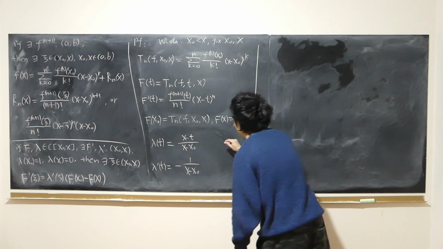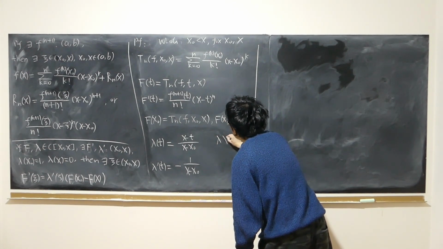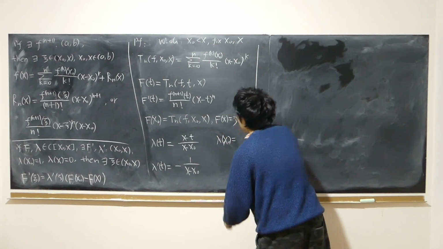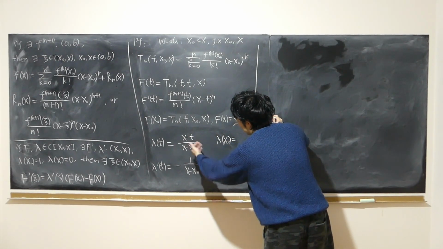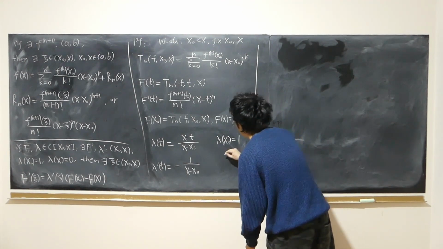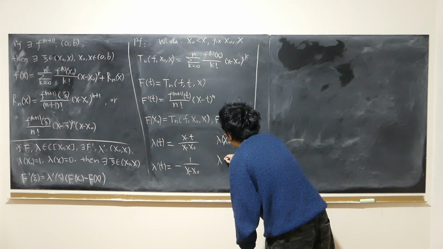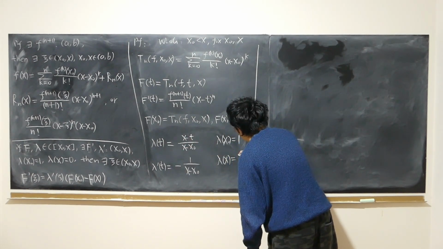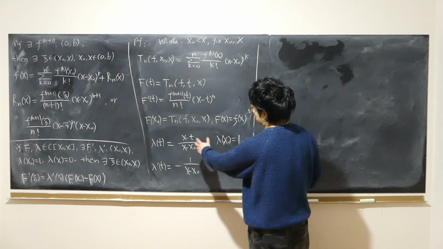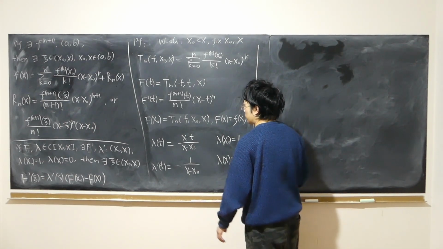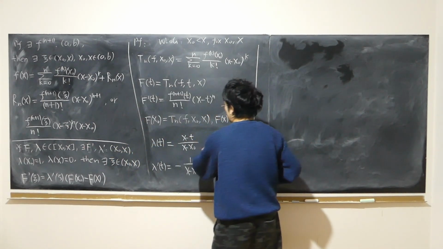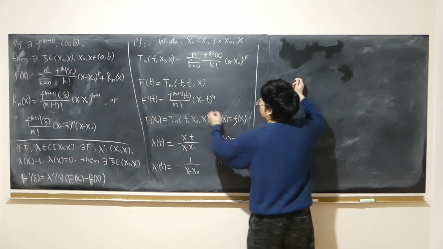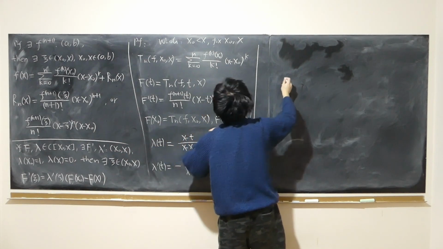Lambda of x naught is x minus x naught over x minus x naught, which turns out to be 1. Lambda of x is x minus x, 0. Is lambda continuous? Of course. Is it differentiable? Yes. And of course f also satisfies the conditions.